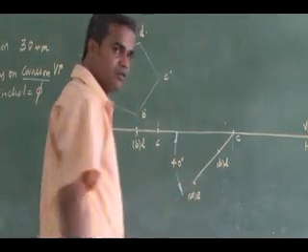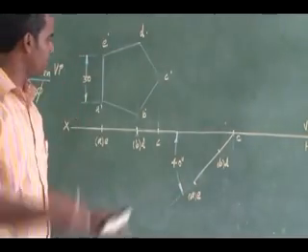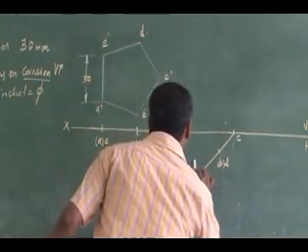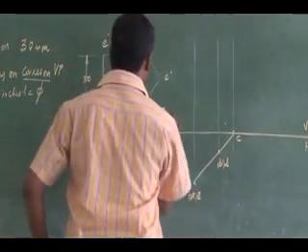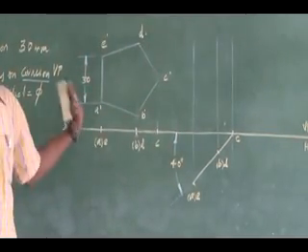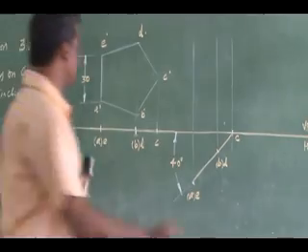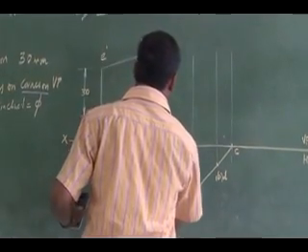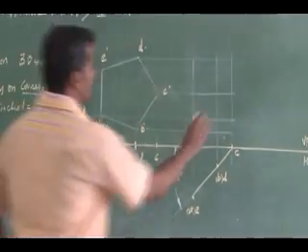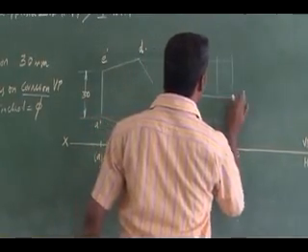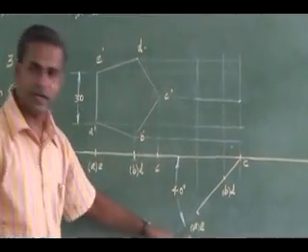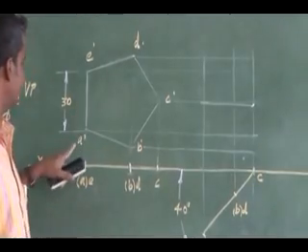Then the final front view I obtain by extending the final top view vertically, drawing projectors, and drawing horizontal projectors from the previous front view. Now I can mark the corners. A, where do I have A here?